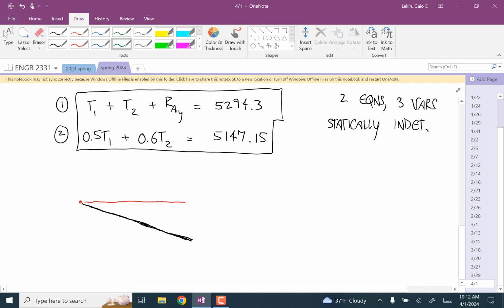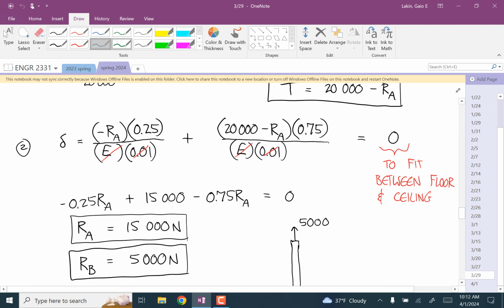If you think of the whole cable at the midpoint, it is something like that, right? And the whole cable at 0.6 meters away from the wall is like that. Before the deformation, they only come down to the red line.